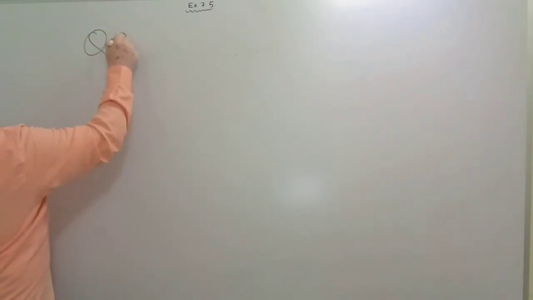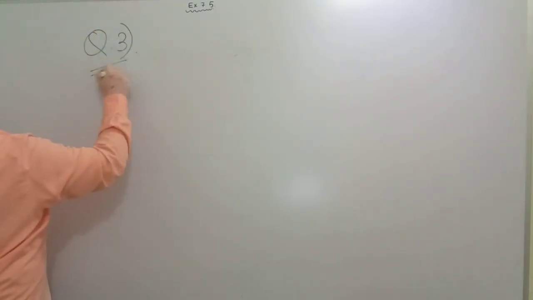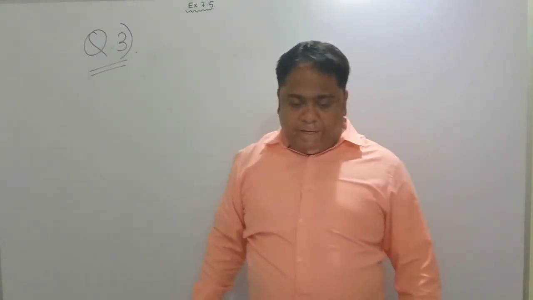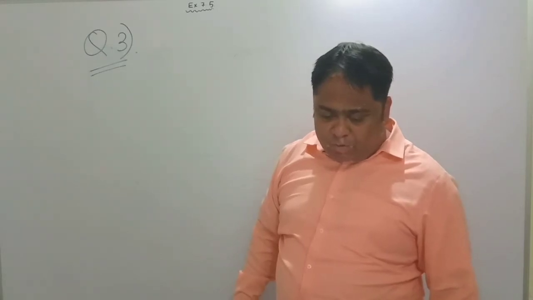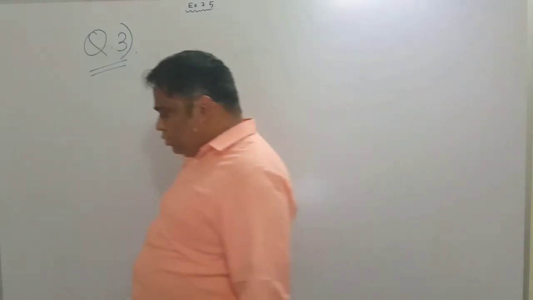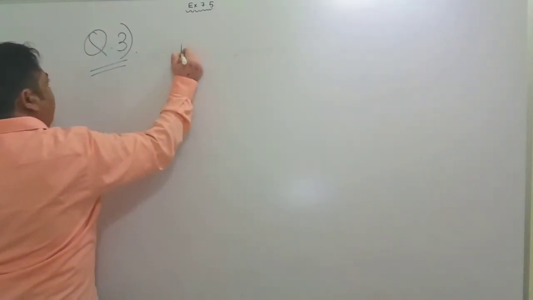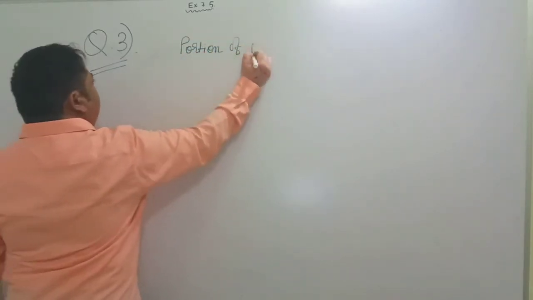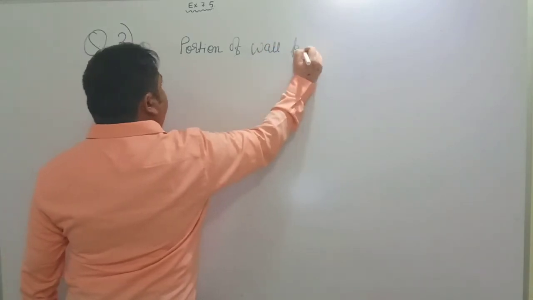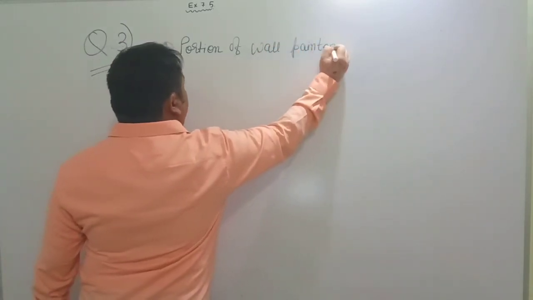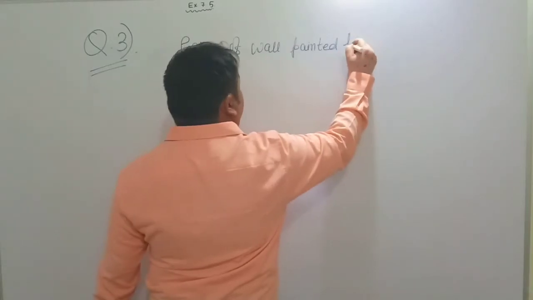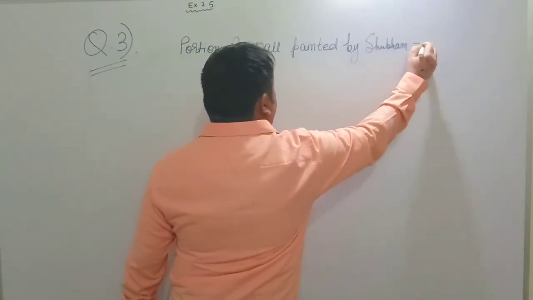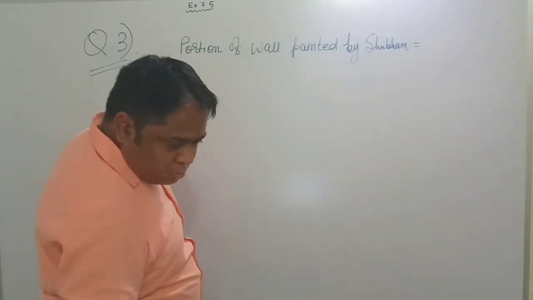Question number 3. Shubham painted 2 by 3 of the wall space of his room. So the portion of wall painted by Shubham is equal to 2 by 3.